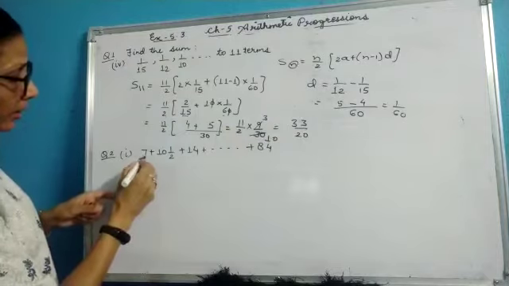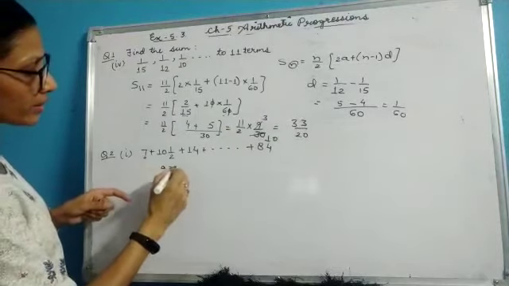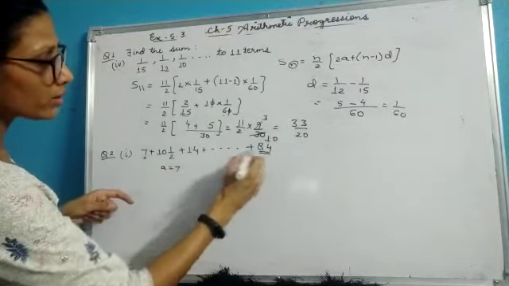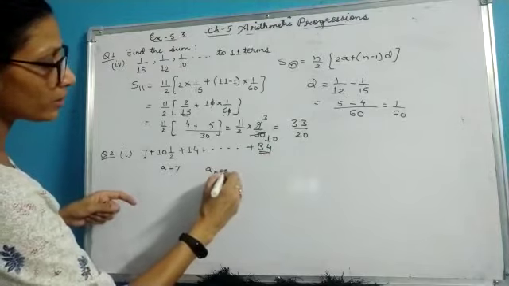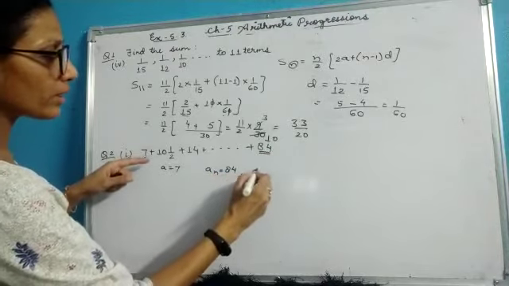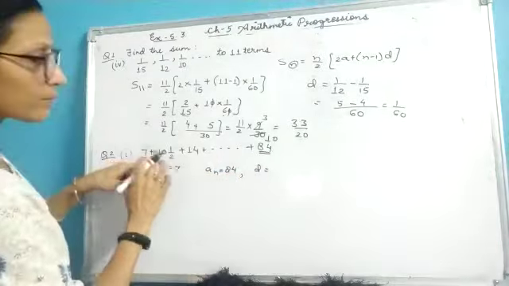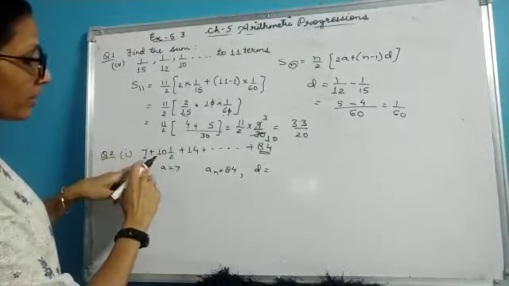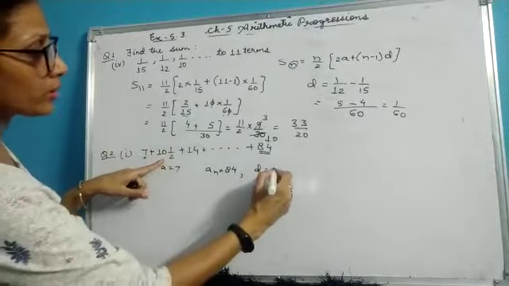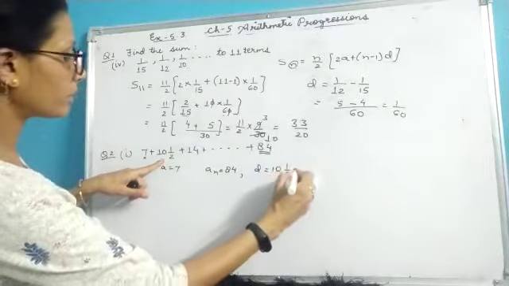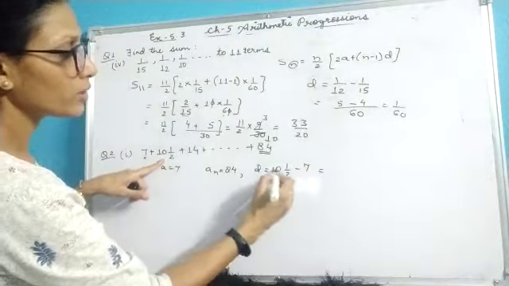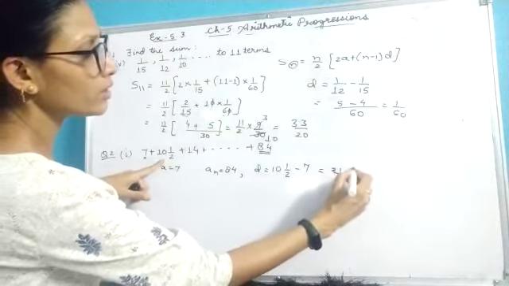Here your a is given to you as 7. Your last term is given to you as 84, and you can calculate d by subtracting the preceding term from the successive term. That means 10 and 1 by 2 minus 7, which gives me 21 by 2 minus 7.